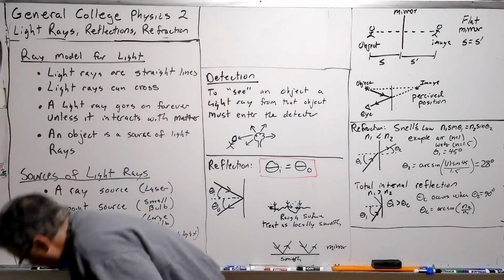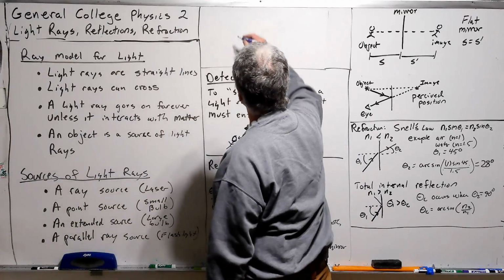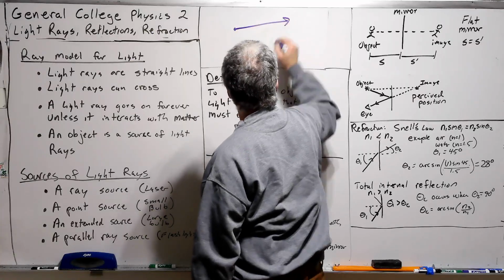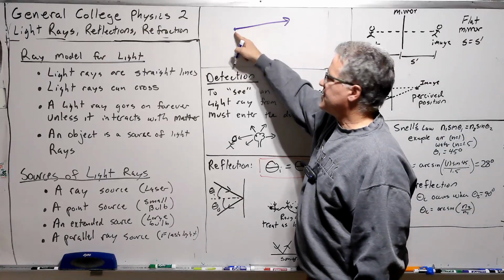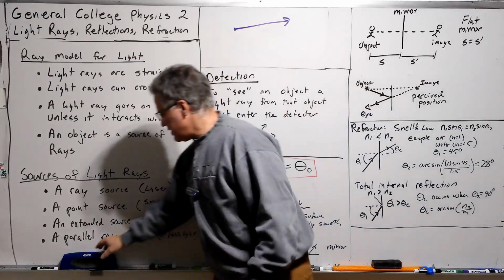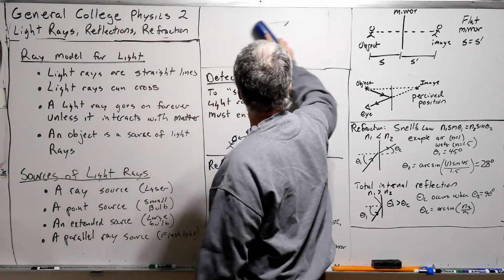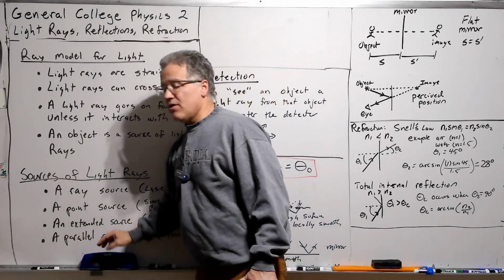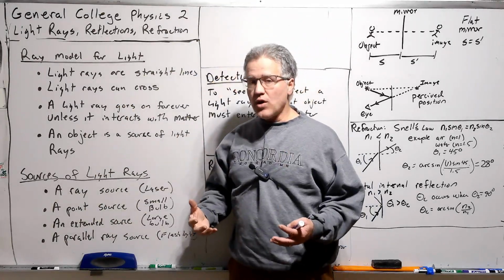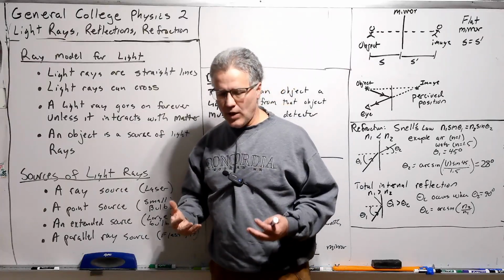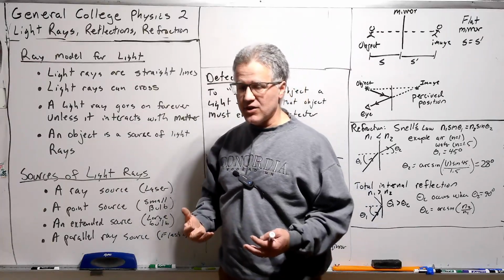So a ray is a segment that extends forever from a starting point here. So we could talk about a light ray. Now, the ray model, of course, is ignoring any kind of wave-like behavior.